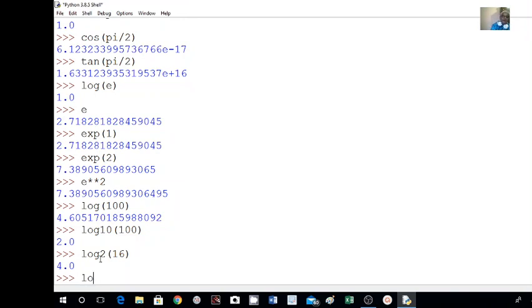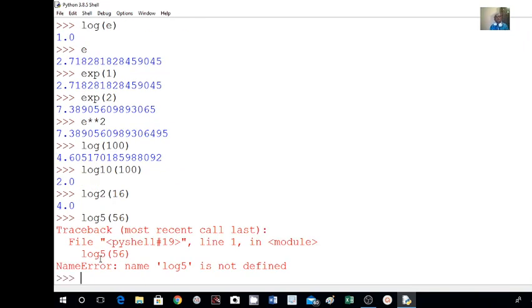I think these are the only 3 bases it works with. If you give 5 here, I may get an error. I have given log 5, and I am getting an error here. So in log, we have the base e, the base 10, and the base 2.